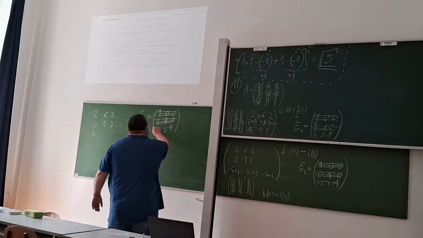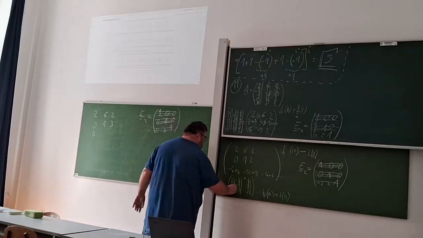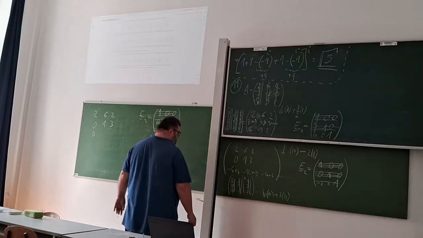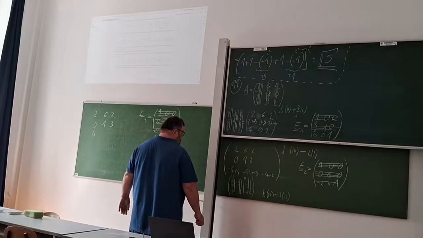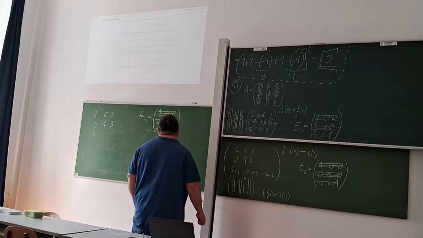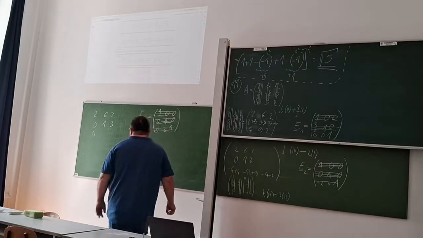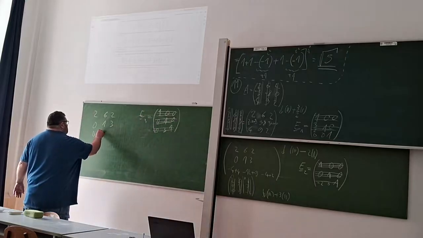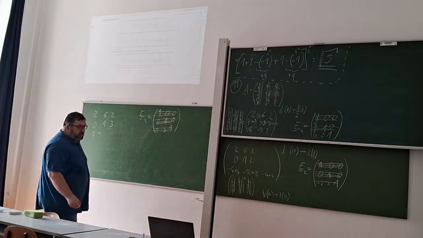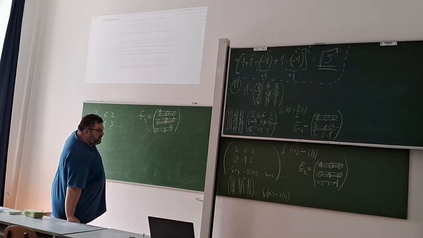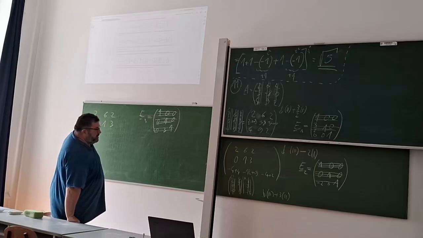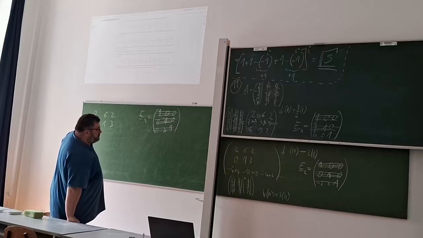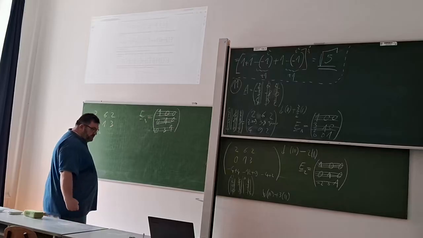Then I multiply this and this, then it's 0 plus zero.